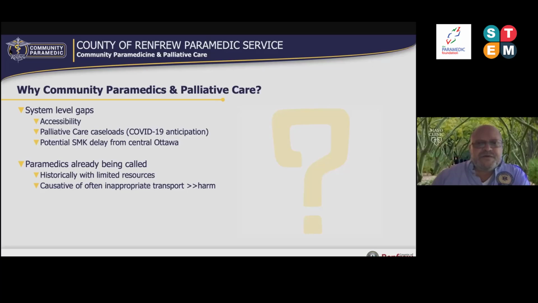People welcome us into their home on the worst day of their life, and there's just a lot of positive things. And community paramedic programs again are filling gaps. So we're getting into all kinds of areas we never envisioned they would be in back in 2005 when this movement started. And palliative care is one of those where we need to be, and Renfrew is doing it.